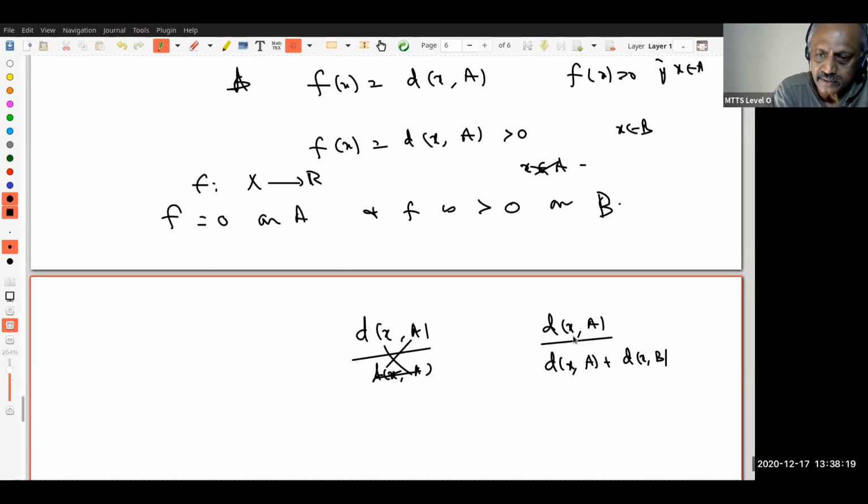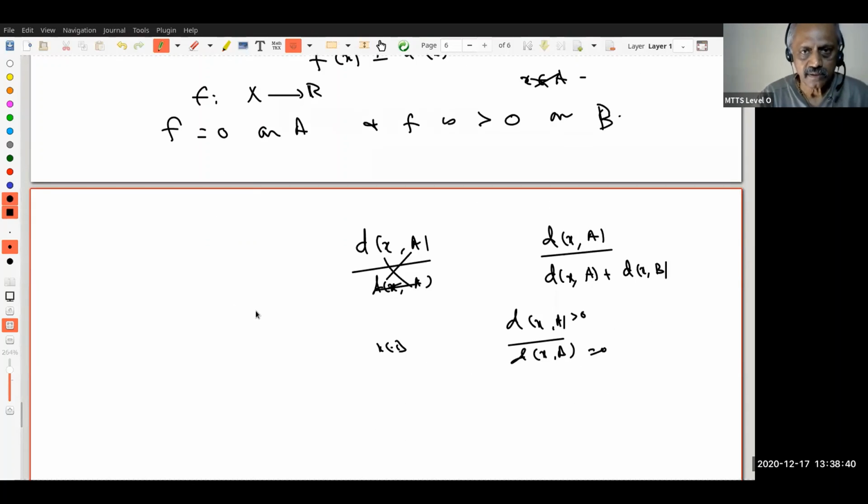So I may try to write d(x,A) by d(x,B), but then that will be something else, because for x in B, this will be 0. So this also will not work, because if x is in B, the numerator will be positive but the denominator will be 0. Therefore, it will not be a real valued function. Do you understand? Therefore, continuity is not assured. Are you following? Please pay attention.